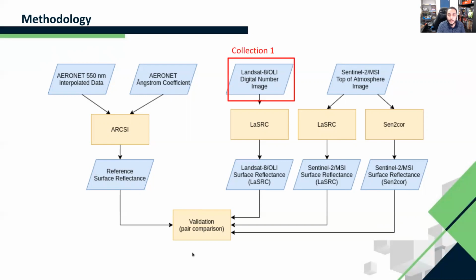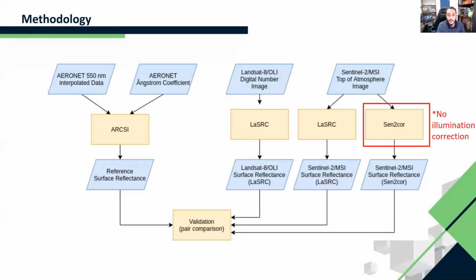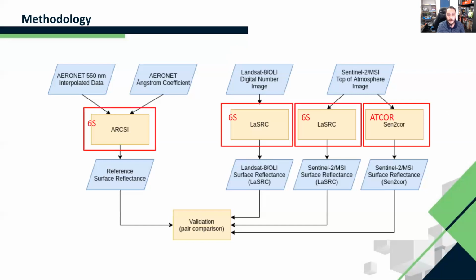But before we could compare these products, there are a few relevant points. For Landsat 8, we used Collection 1 data because the Collection 2 LaSRC code isn't available yet for users to process those images locally. For Sen2cor, we disabled the illumination correction in order for the comparison with LaSRC to be fair, since LaSRC doesn't implement this correction.